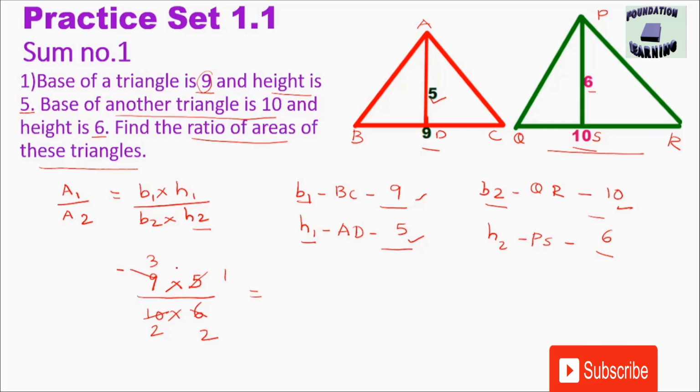So the answer will be 3 into 1 is 3 upon 2 into 2 is 4. So the ratio of the first triangle to the second triangle is equal to 3 upon 4.